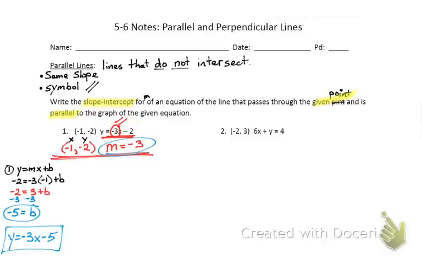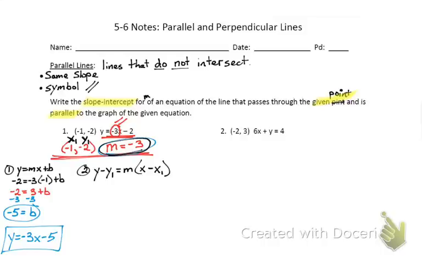Now, another way we could solve this equation is you could use your point slope form, which we learned in the last section, y minus y1 equals m times x minus x1. That being because up here we have an x1, a y1, and again our m of -3.